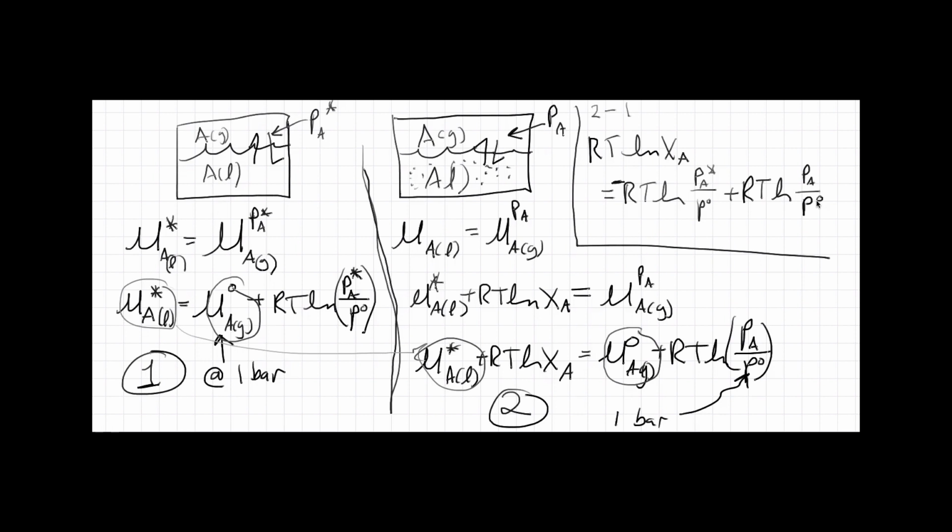Now at this stage, before we go any further, we should go ahead and just divide both sides by RT to save ourselves the work. Okay? And once we do that, let's go to the next page to write down what we have left over. What we have left over is the log of the mole fraction of A is equal to minus the log of PA star over P naught plus the log of PA over P naught.